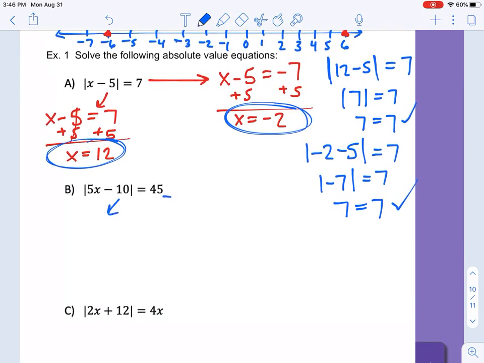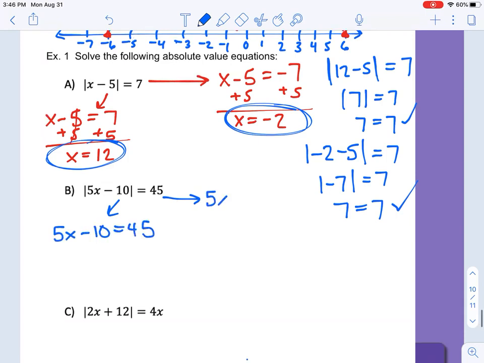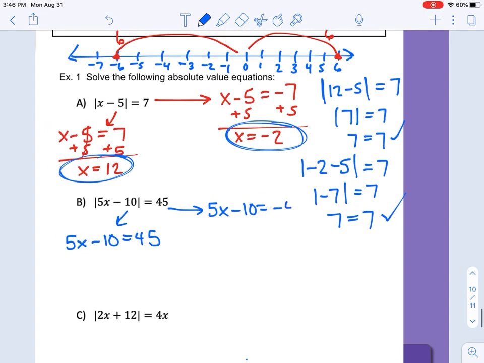We do the same thing for this one, we just split it into two parts. We have 5x minus 10 equals 45. We have 5x minus 10 equals negative 45. Go ahead and solve.